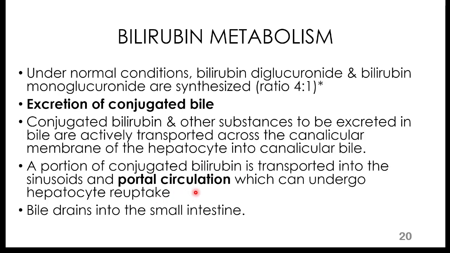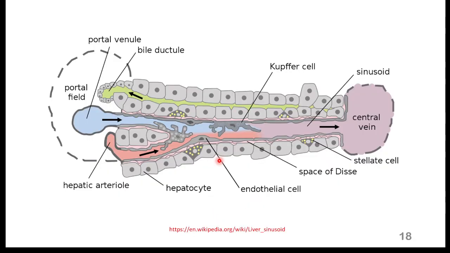But we should note that some of the conjugated bilirubin will actually escape back into the portal circulation, back into the sinusoids. Let's go back and see what we're talking about.